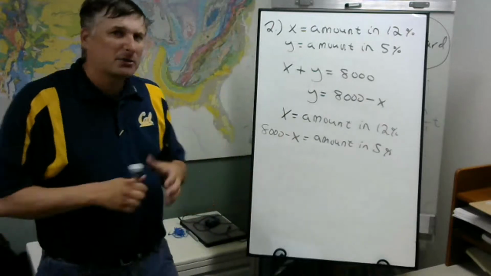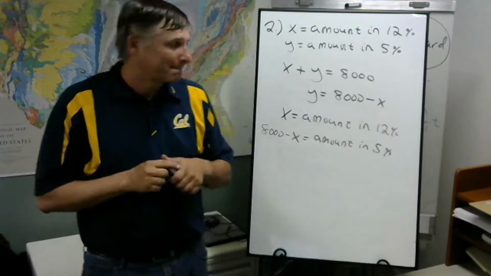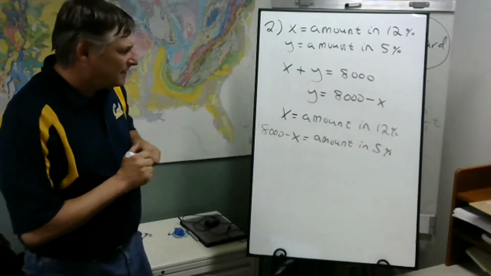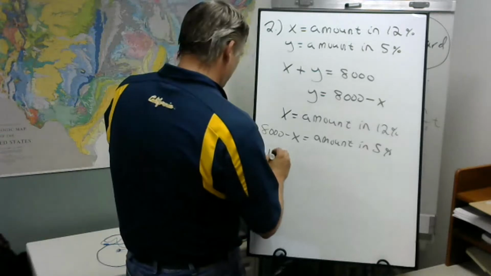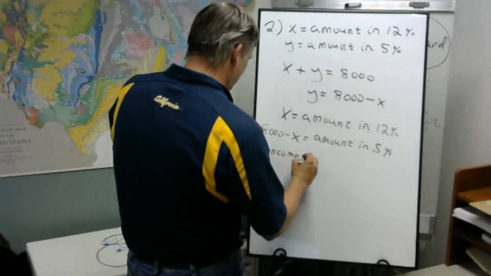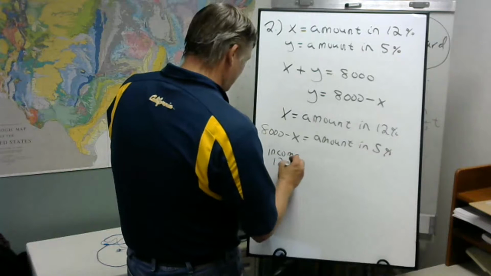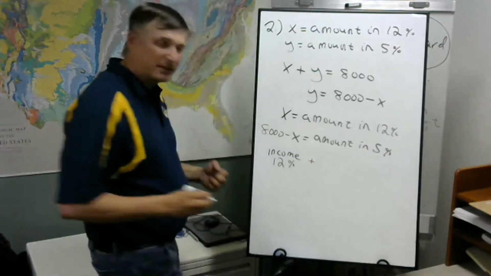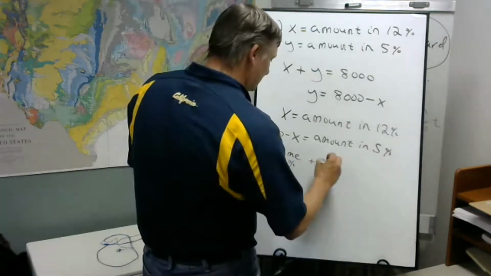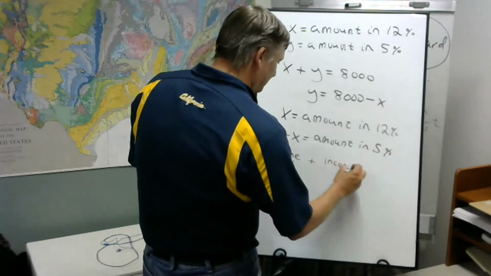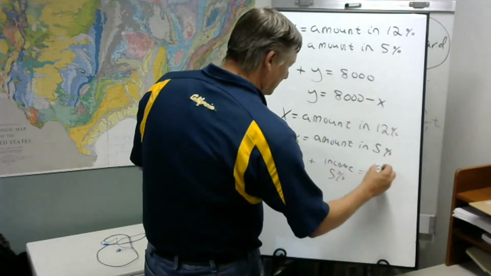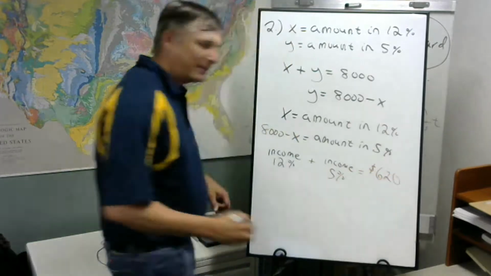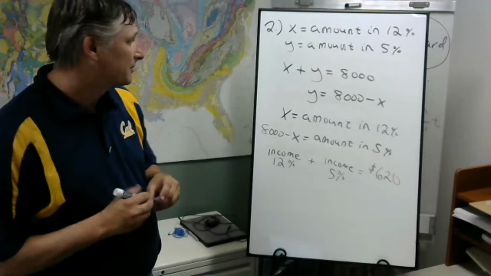Now, there are some other expressions that we want to keep an eye on. The total income. We know the income from the 12% plus the income from the 5% came out to $620.